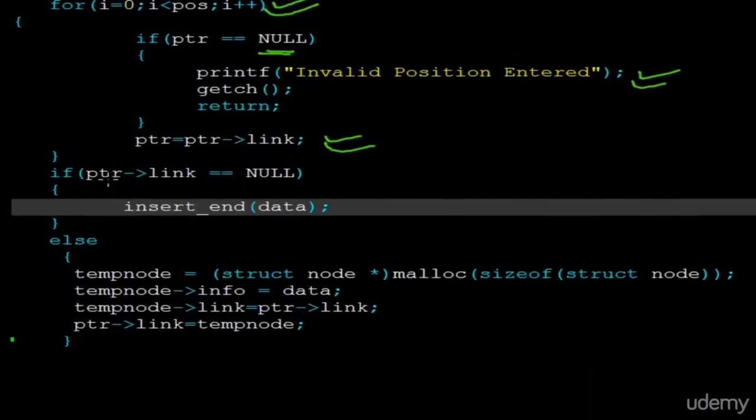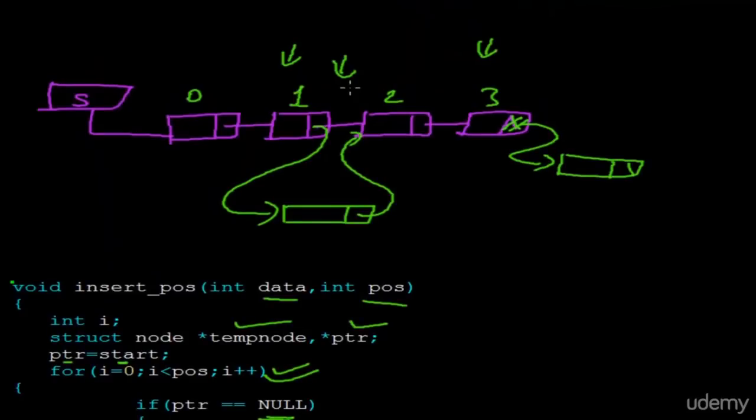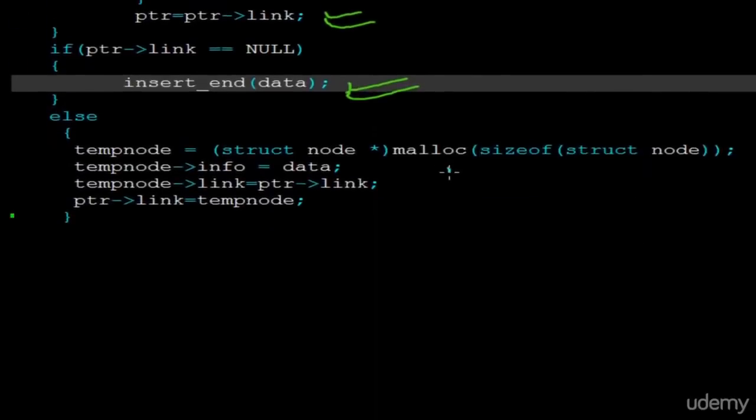So if the ptr's link part is equal to null, then we will call the insert at end function. If not, if say the case is like this, that we have entered the position, say 1, and we want to insert a new node between 1 and 2, then this else part will get executed.